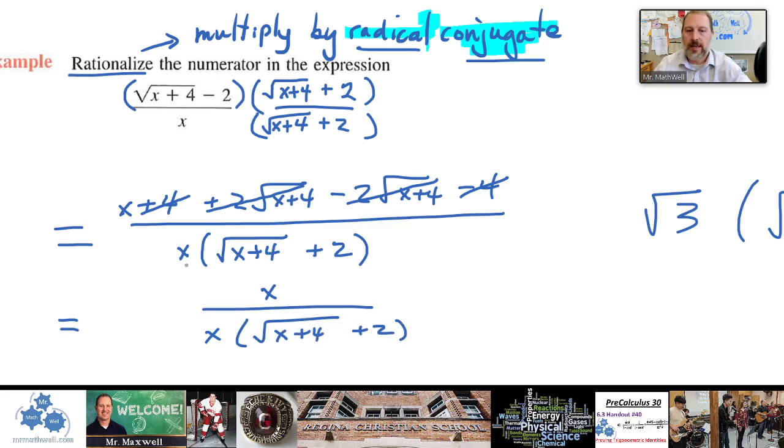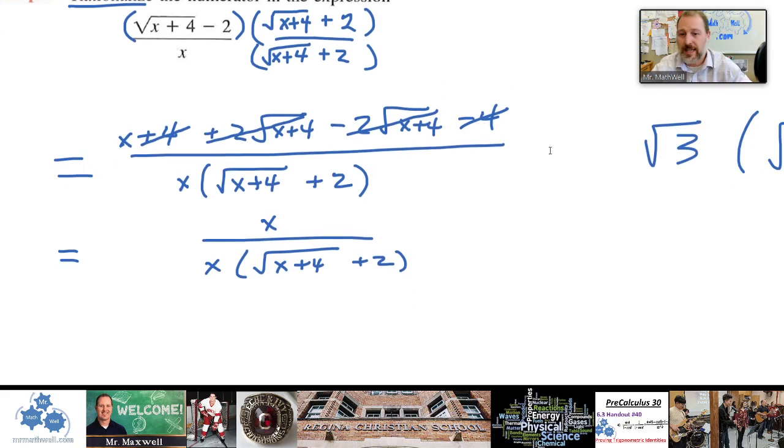And the reason why we leave this factored is because we may be able to further simplify. And in this case, we can. So there would be a restriction here. Not going to worry about restrictions for this one today. But x and x be gone, right? And so we would end up having 1 over root x plus 4 plus 2.